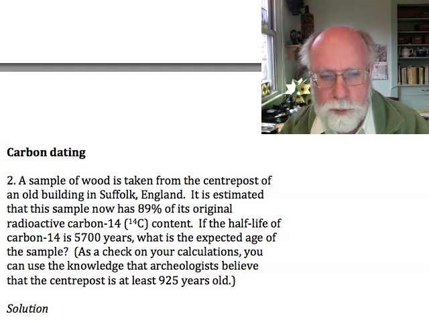A certain small fraction of the carbon in the atmosphere is a radioactive isotope of carbon, carbon-14. Most of it is the normal carbon-12. And as the plant incorporates a small amount of carbon-14 into its chemical compounds, that leaves itself as a signature that we can read years later.